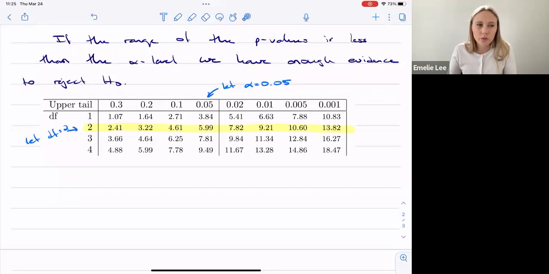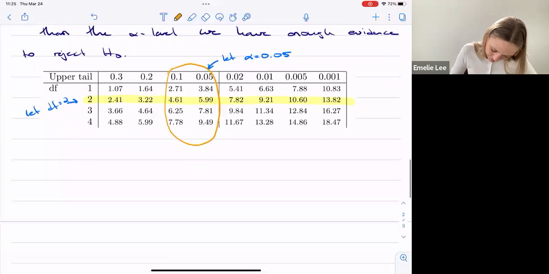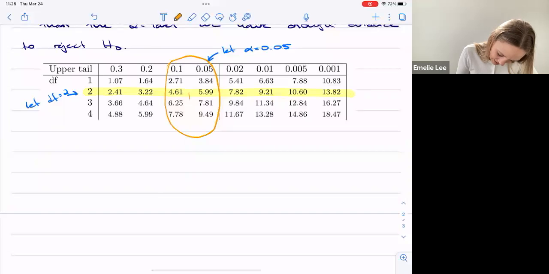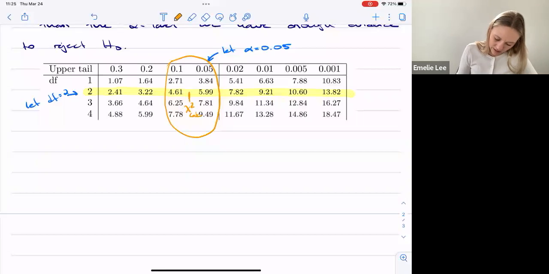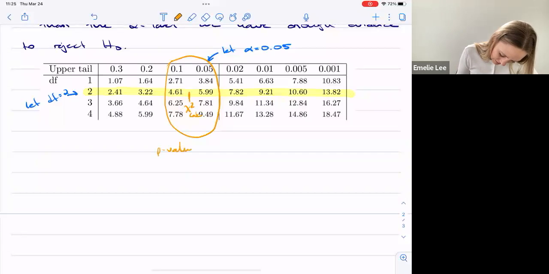This is just to show you what happens. If my calculated value is somewhere near 0.05, it's between 4.61 and 5.99, which means my p-value is somewhere between 0.05 and 0.1.